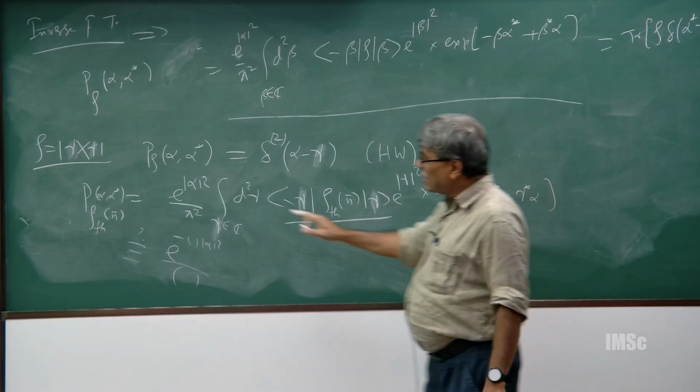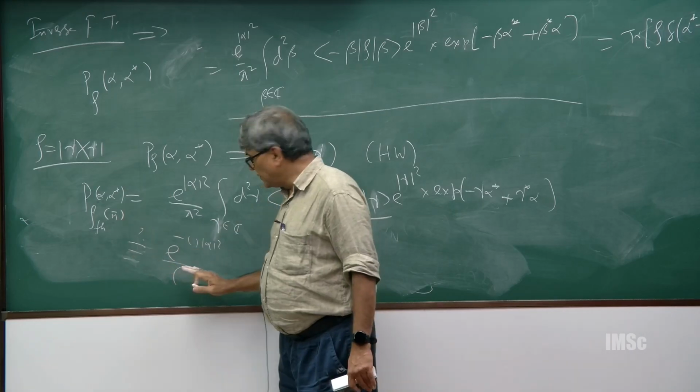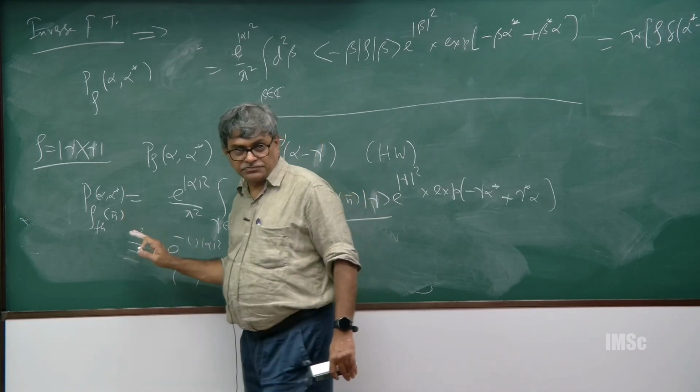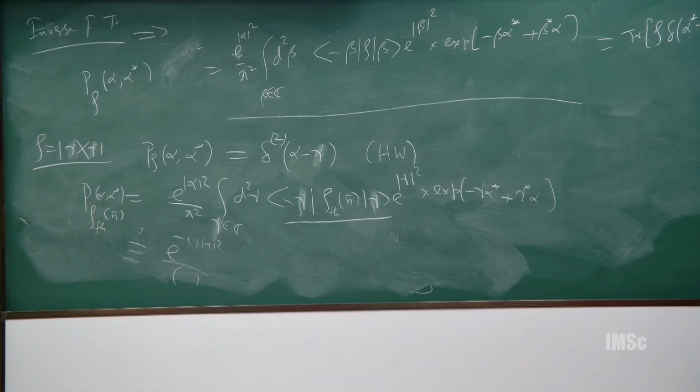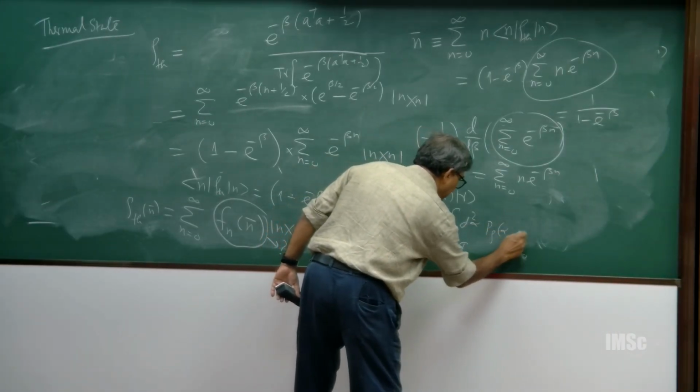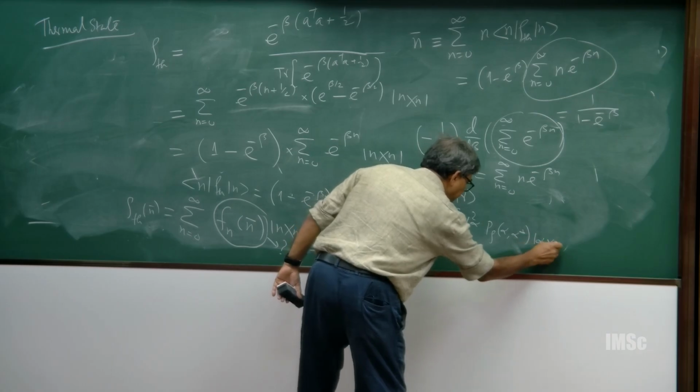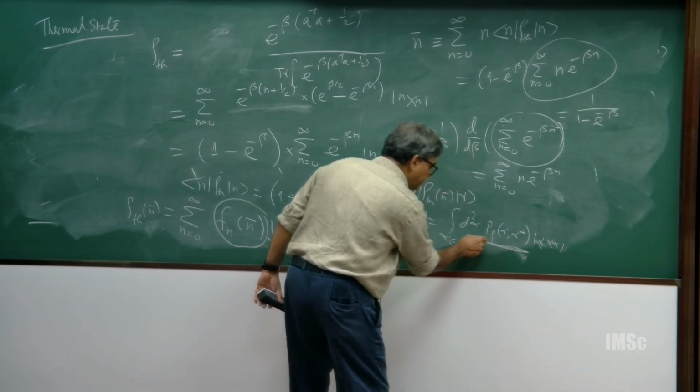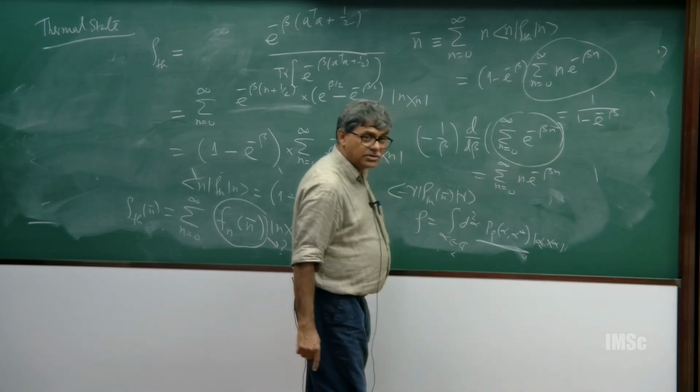So, for the thermal state the P distribution function is a Gaussian function. So, it is a well-behaved function, right, and as a result, as I told you last time, this tells you that the thermal state is a classical state. Why? Because in this representation of rho, the integral of d square alpha P alpha times the projector onto alpha, this is a proper probability distribution for the thermal state.